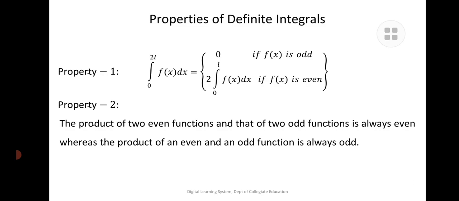The product is even when we multiply two even functions, and the product of two odd functions is also even. If one function is odd and one is even, then we can say that the product is an odd function.